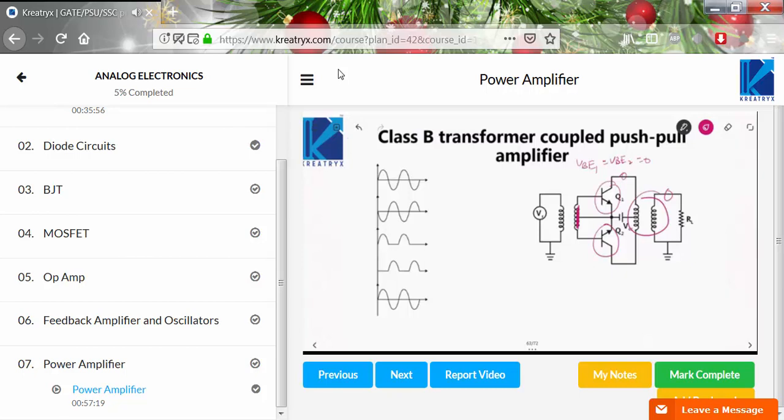That means the two transistors remain in off state. If the AC source VS is not present, the two transistors remain off, operating in cutoff, and the power dissipation will be 0. If the AC source is applied, the two AC voltages will appear at B1 as well as B2.